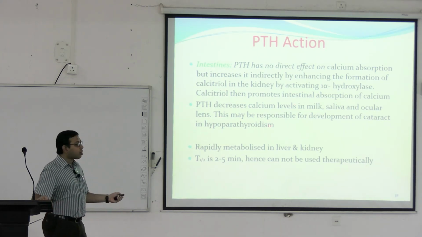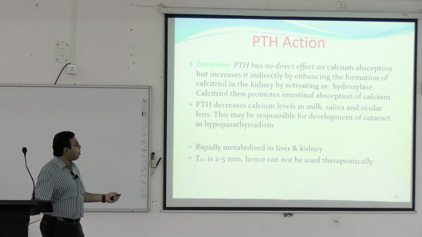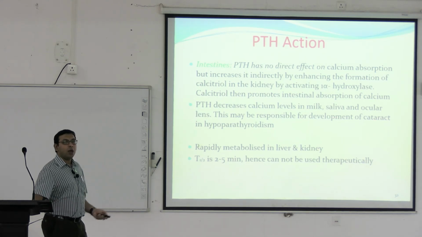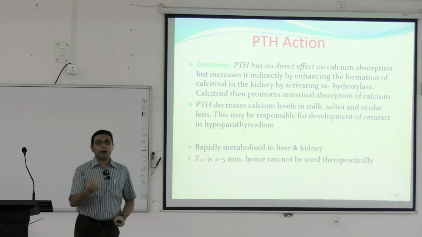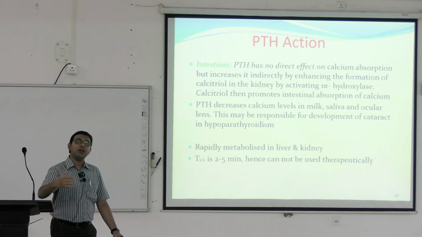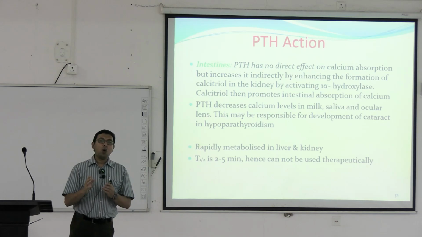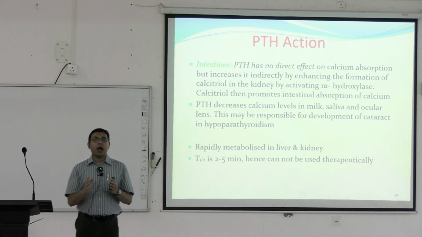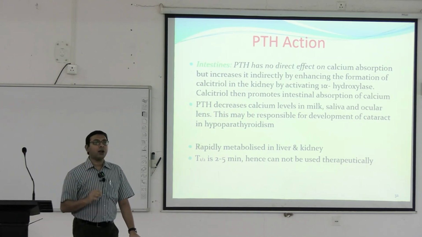Parathyroid hormone decreases calcium levels in the milk, saliva and ocular lens, and this may be responsible for the development of cataract in hypoparathyroidism. Because this parathyroid hormone mainly conserves calcium within the body, any excretory fluid contains less calcium when this hormone is given. When there is a disease known as hypoparathyroidism, the parathyroid gland secretes less parathyroid hormone.